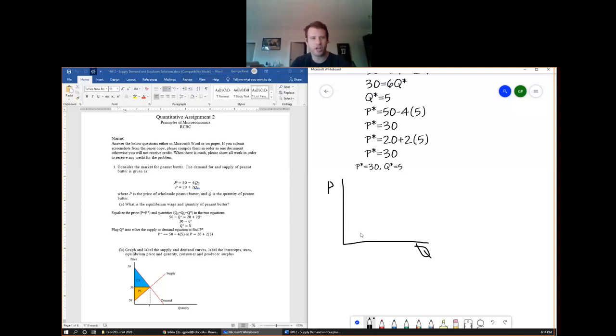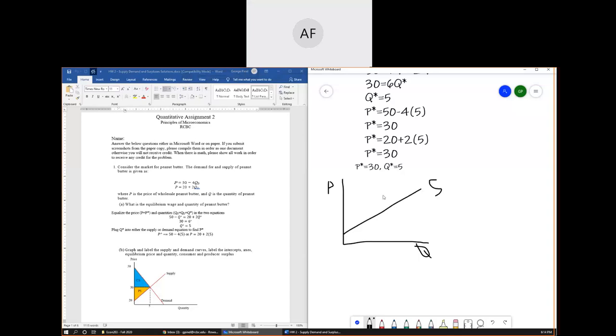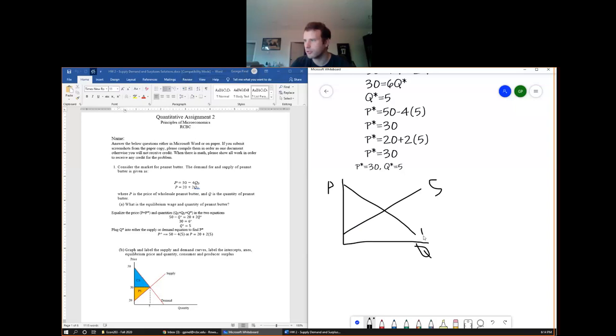Anija, which one is sloping upwards and which one is sloping downwards, supply or demand? I would believe it would be the supply that is going upwards. Exactly. So demand is downwards.